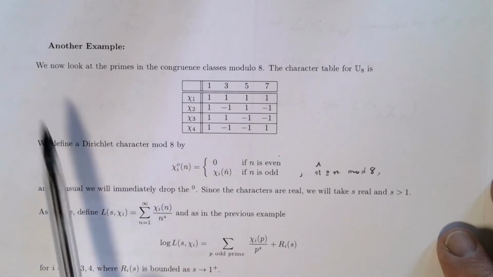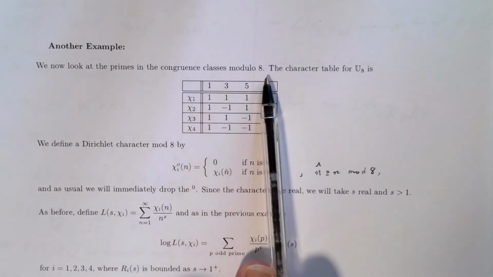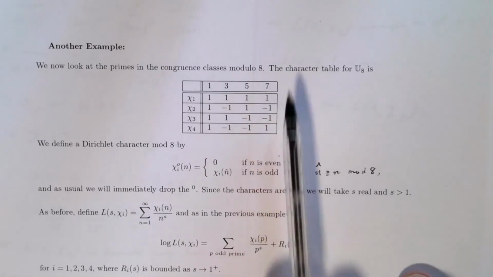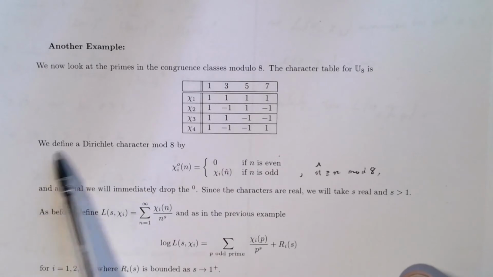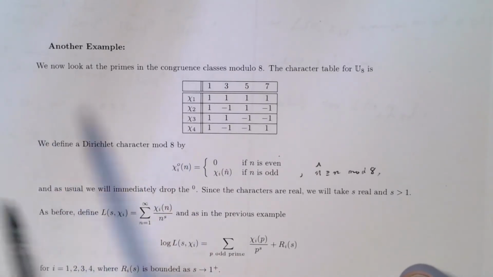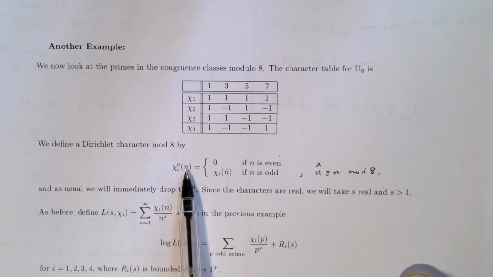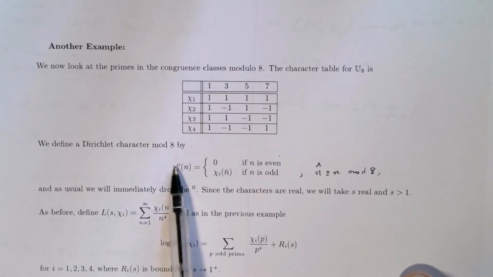And so we're going to look at the primes now modulo 8. So the character table for U8 is this. We've seen this one before. And we're going to define the Dirichlet character modulo 8. Well, if n is 0, then the value of the Dirichlet character is 0. I've gone back to putting the little superscript naught here for a second.